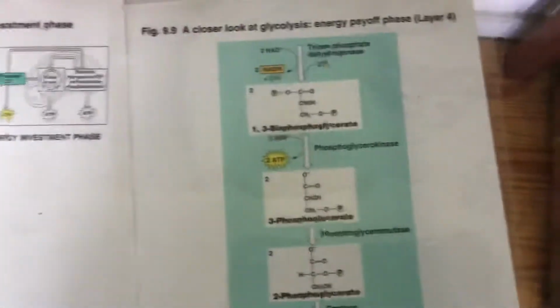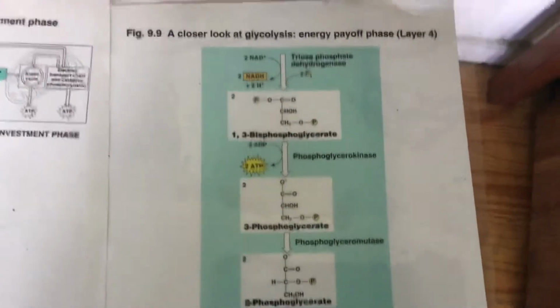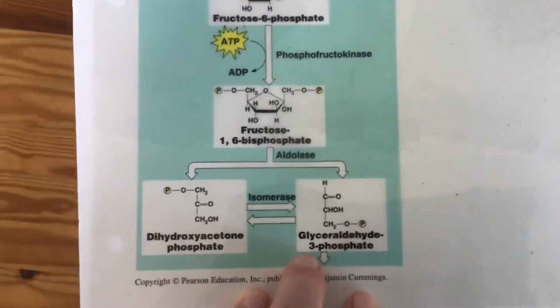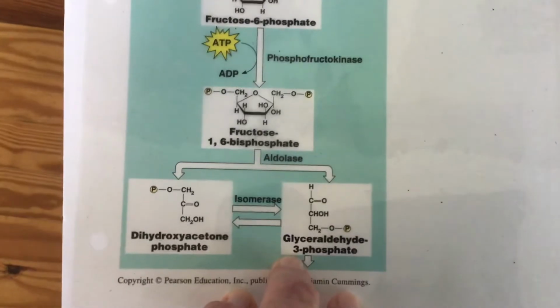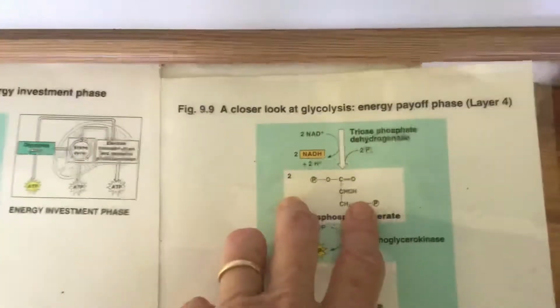The things in white are the 1 parts, and the things outside of that show you the actual numbers for 2. Okay, so anyway, I have two glyceraldehyde 3-phosphates, or G3Ps as they're sometimes called, and I'm going to enter those into the next part of the process.